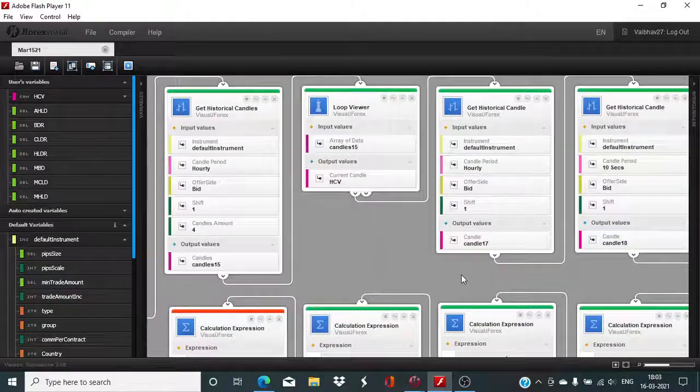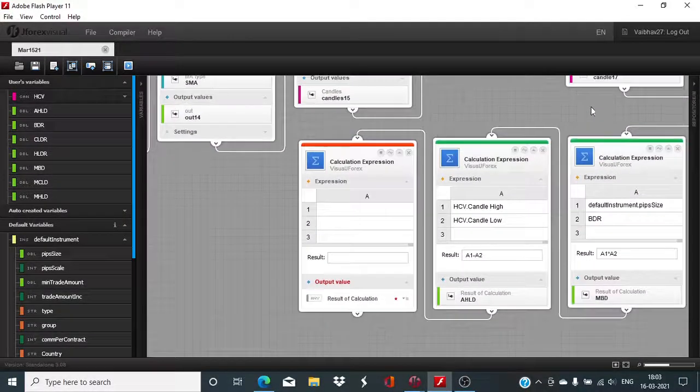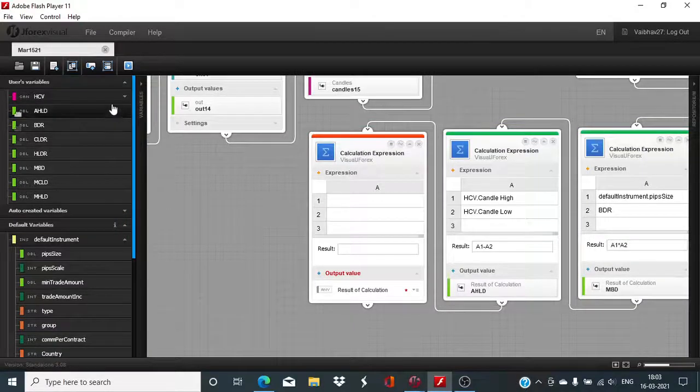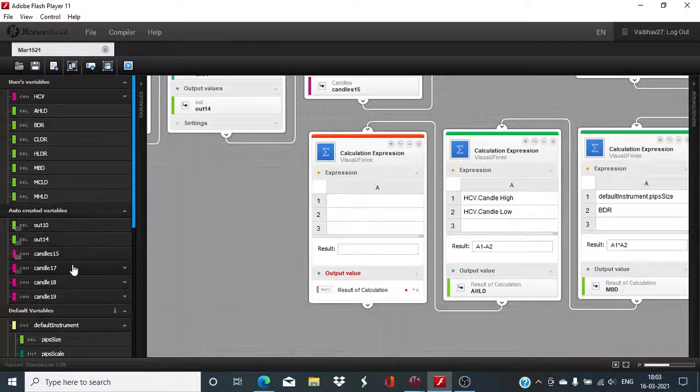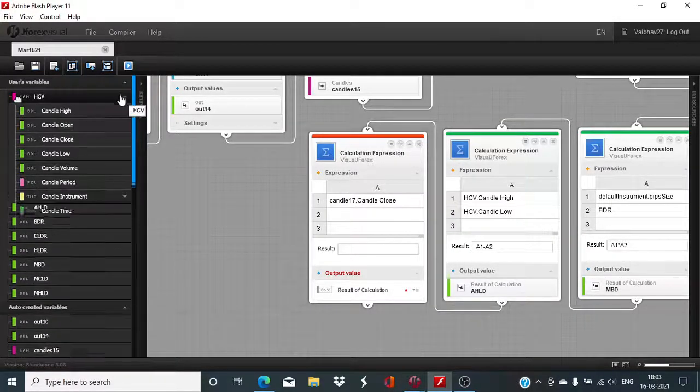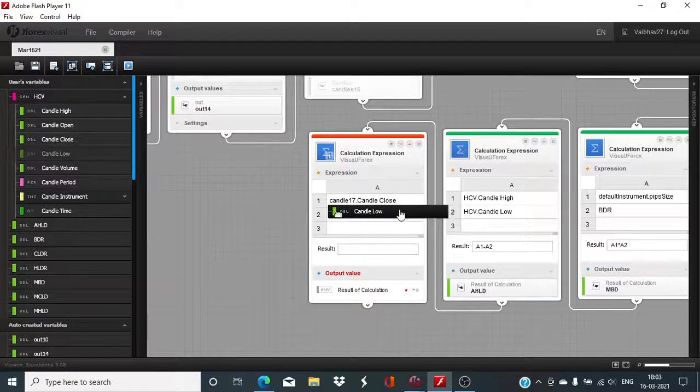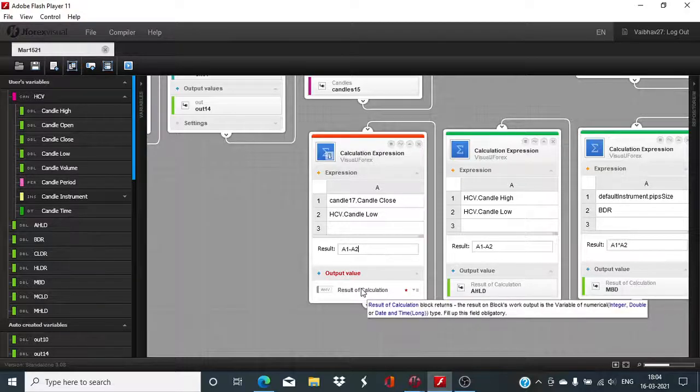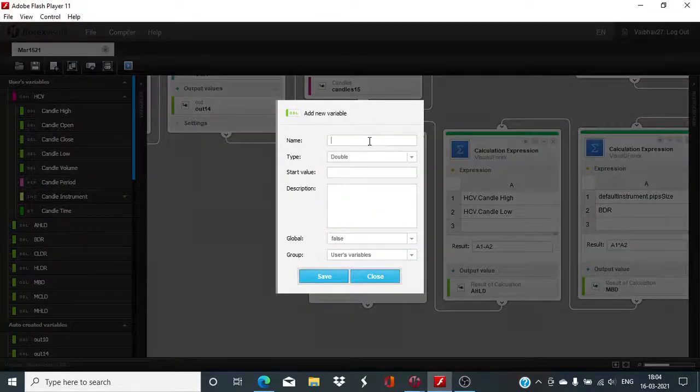So for that we have to take candle 17's closing value and deduct the HCV candle low. So this will be a1 minus a2. This will be the actual closing difference.